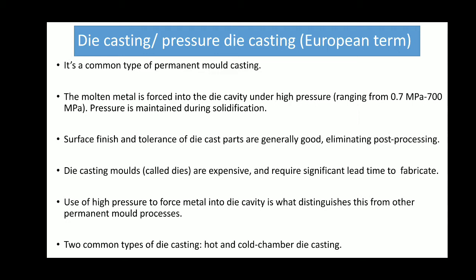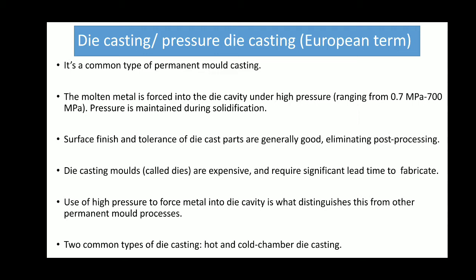Here the dies have the cavity, so we can interchange the word mold with die. These dies are generally expensive as they are made of very high strength metals, generally die steel, and making the die itself is an expensive process. That's why they are expensive, and it also takes some time.